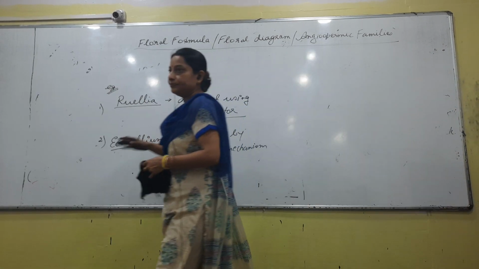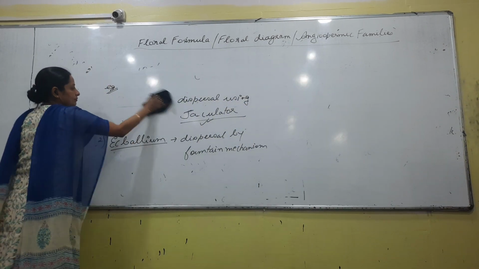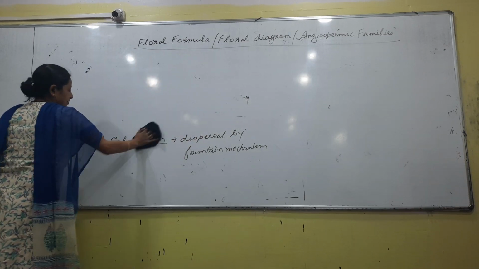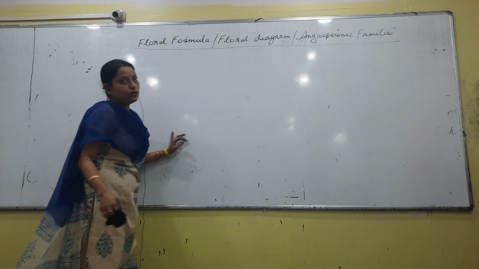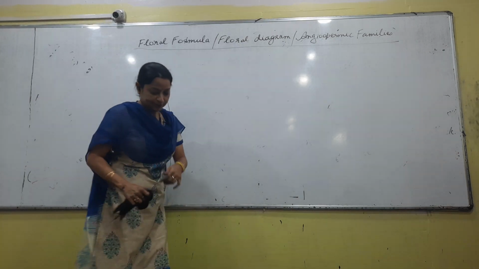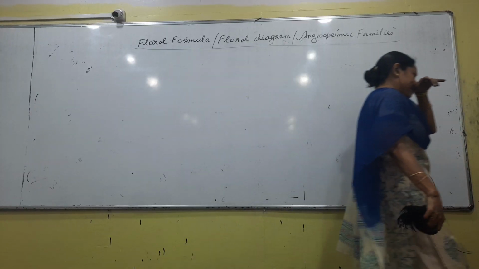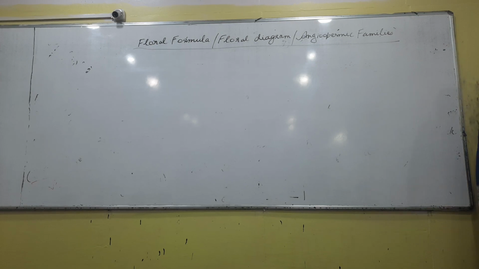Is this over? So this is the last part of the lesson. Maybe we'll require one more class for that, and this chapter will get over. Maybe one more class, or maximum 2 classes.